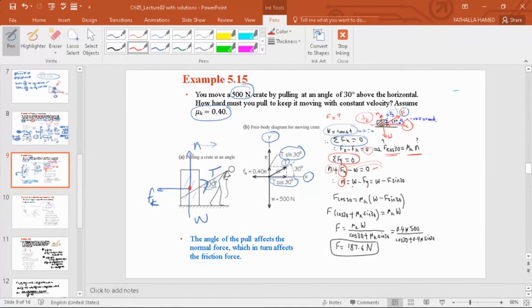So the normal force here will equal the weight minus the y component of the force, which will be F sine 30 degrees here. So the normal force here is equal to the weight minus F sine 30 degrees.